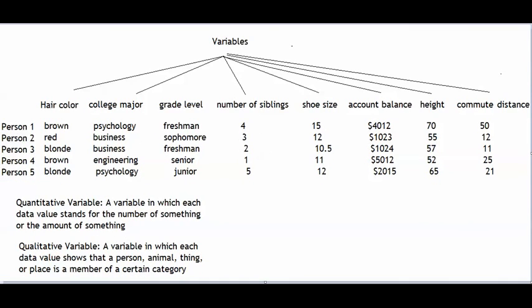Let's talk about two different types of qualitative variables. A qualitative variable can be a nominal variable or an ordinal variable. Let's talk about ordinal first. An ordinal variable is a qualitative variable in which the possible categories follow an order from lowest to highest.